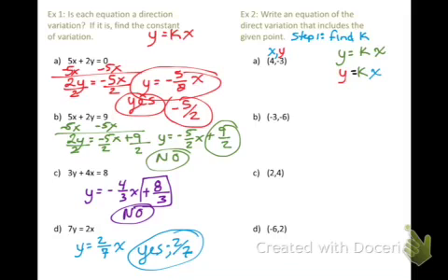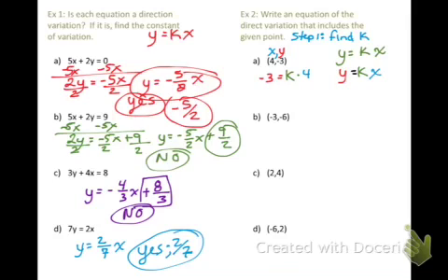So you're going to plug it in those spots and find out what k equals. That's just step 1. So I'm going to do -3 equals k times 4.